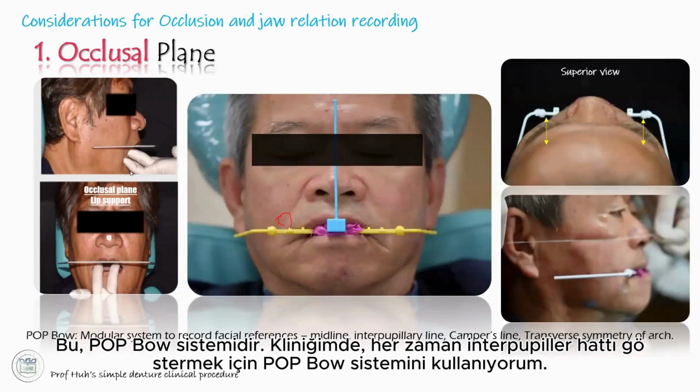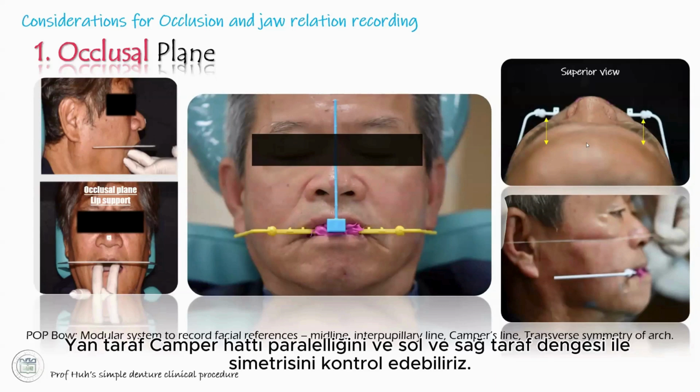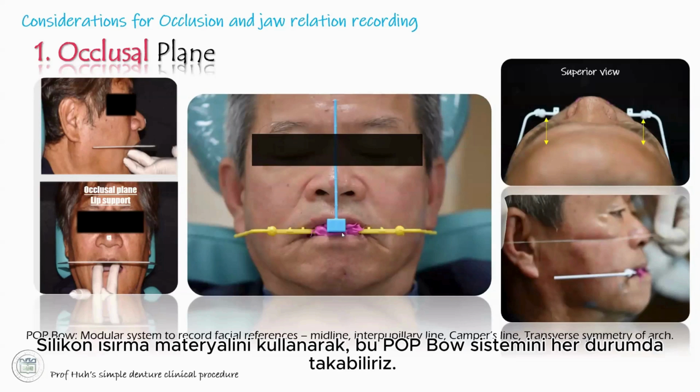So this is the Papo system. In my clinic, I always use the Papo system to indicate the midline, interpupillary line, and lateral side Camper's line parallelism, and then we can check the left and right side balance and symmetry. Using silicone bite material, we can attach this Papo system in every case.